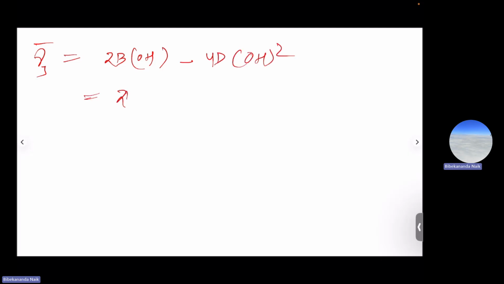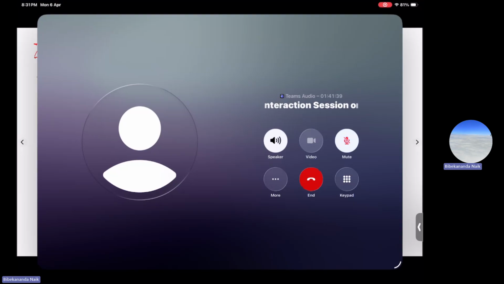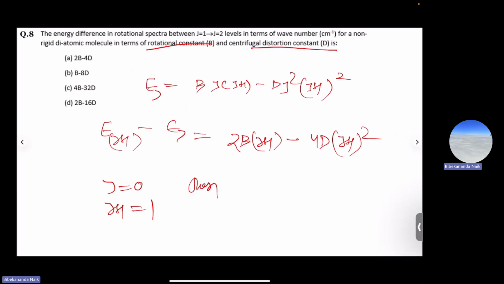So it will be 2B minus 4D. So the correct option is option A.